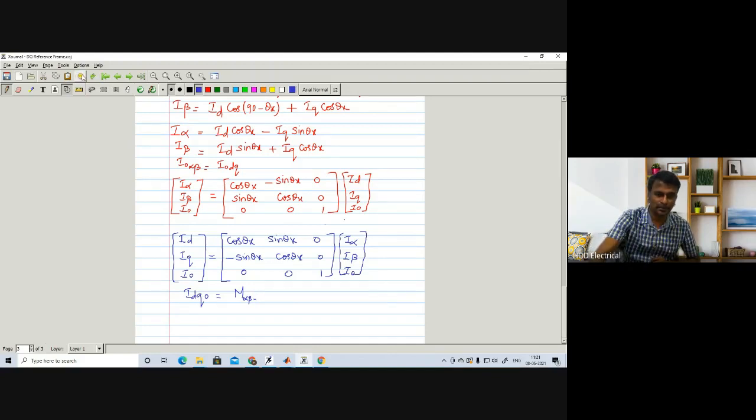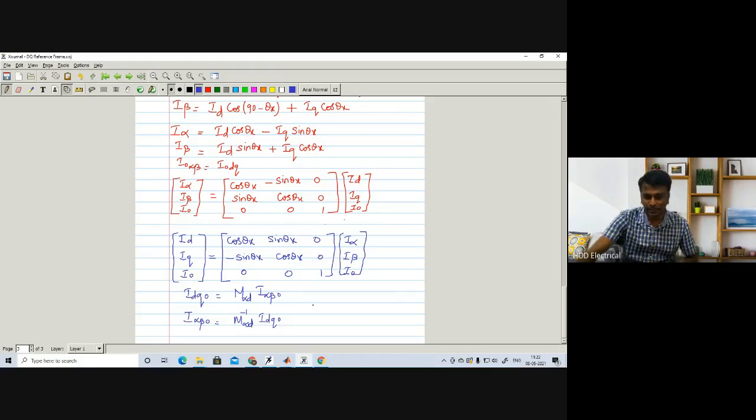Otherwise, I will take another variable, M alpha D, and we have I alpha beta naught. From this, what we can write is I alpha beta naught equal to M inverse alpha D into I dq naught.